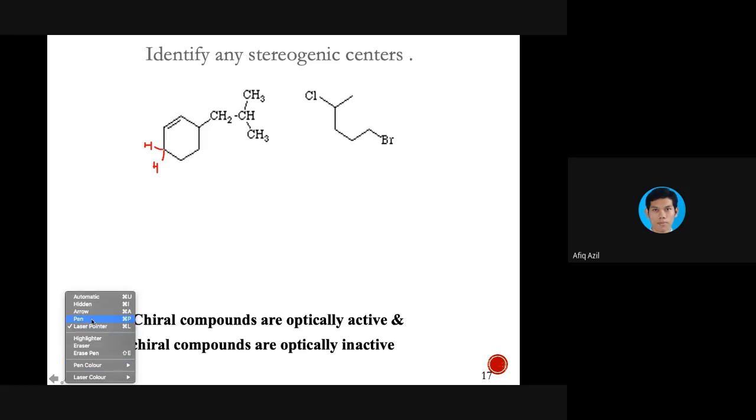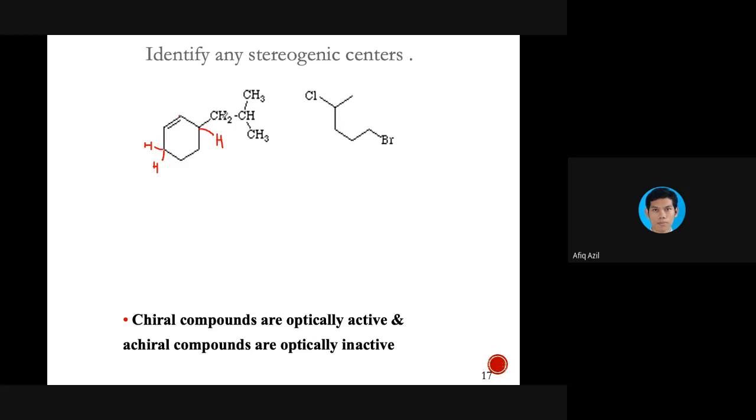But for this one, there is only one hydrogen available, because it already contains the C-C bond and then another C-C bond, and this is also another C-C bond. So this can still be considered.